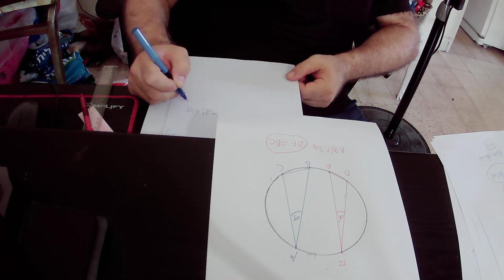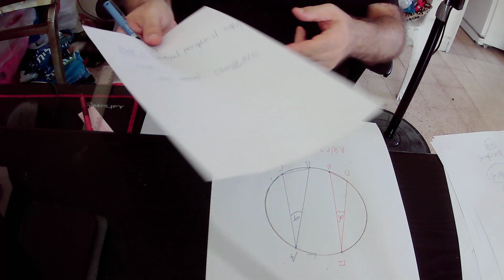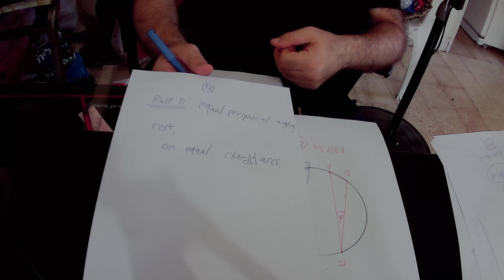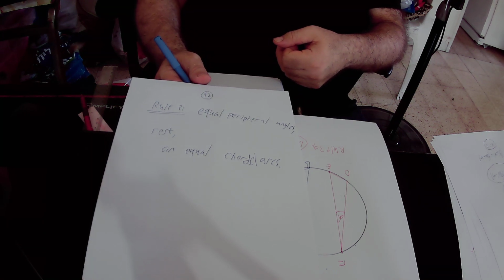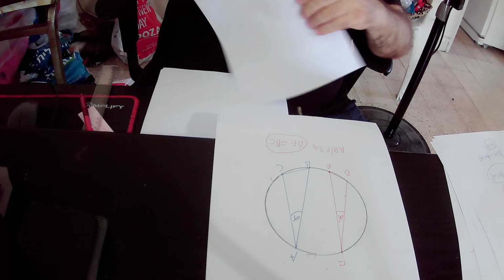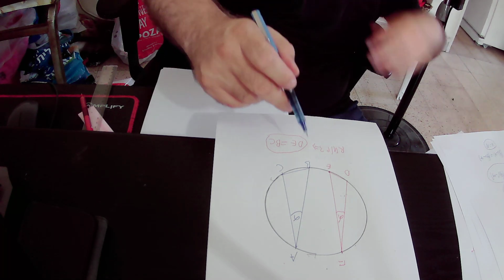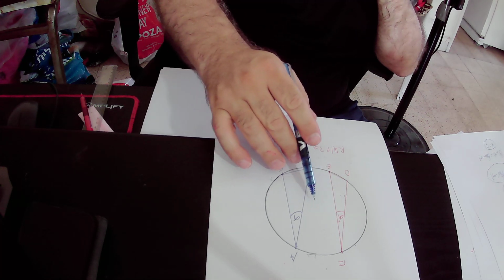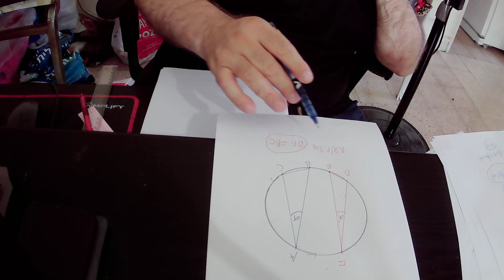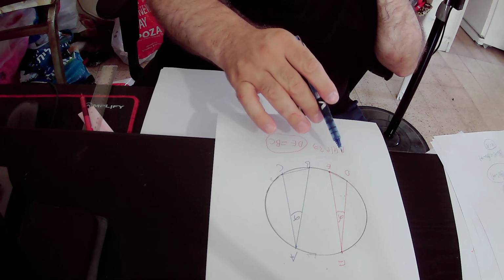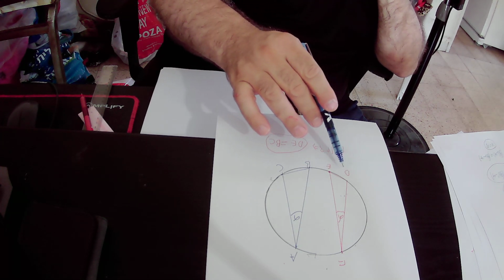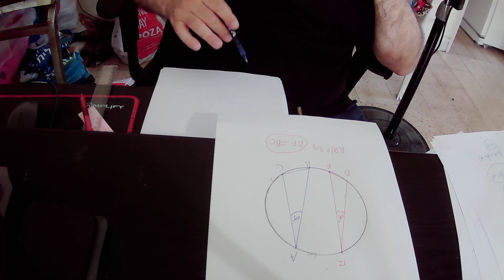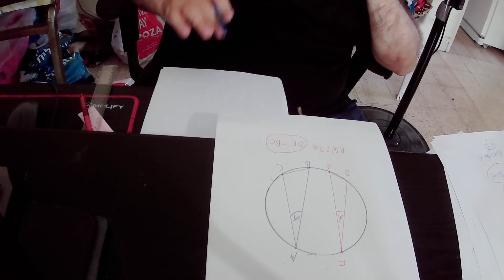So because those two angles equal to each other, both of them equal to alpha, they also rest on equal chords. That is to say, chord DE equals chord BC. Okay, this is according to rule number 3.